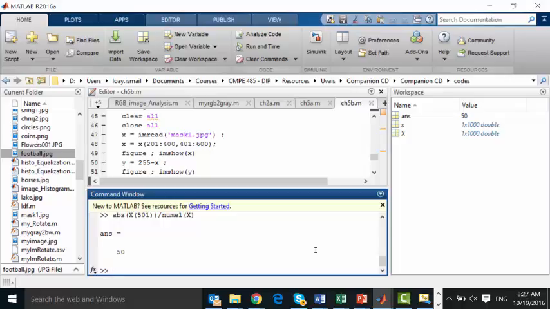Because for any value that has a non-zero frequency, its corresponding Fourier transform will appear at the frequency f and negative f. Okay? So at f I will have half the amplitude, and at negative f I will have the other half of the amplitude. Understand the idea? Is it clear? So that's why here we have the value equal to 50. Right, let's try and see.